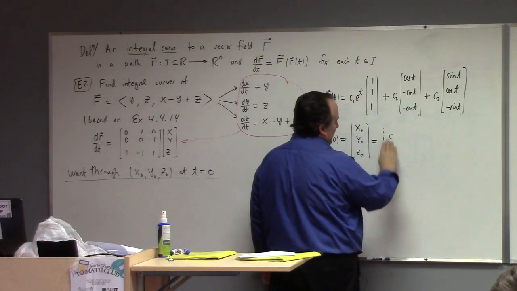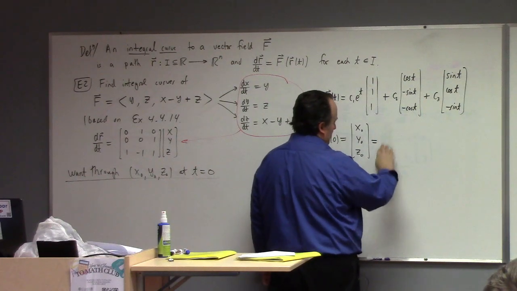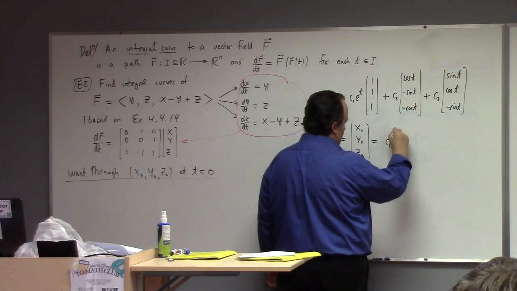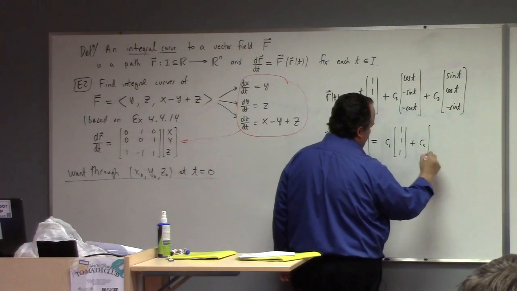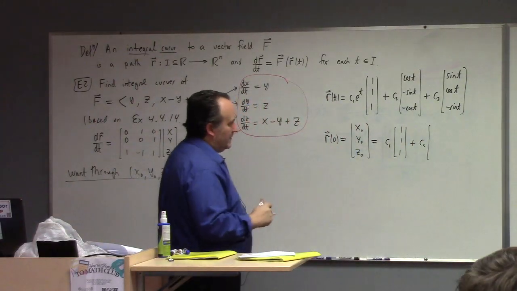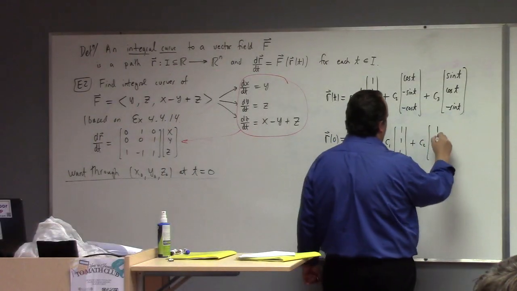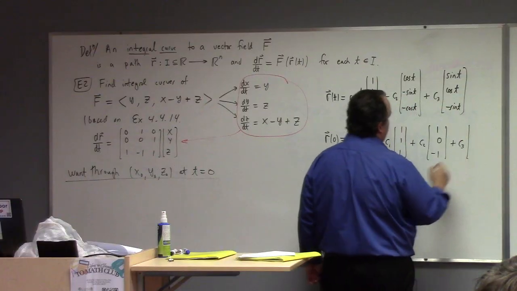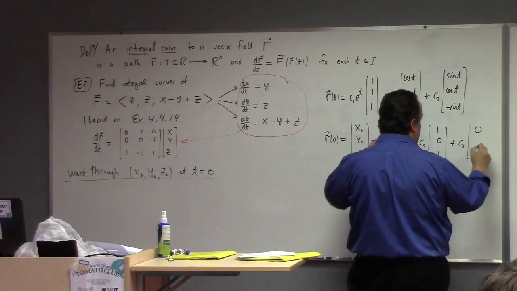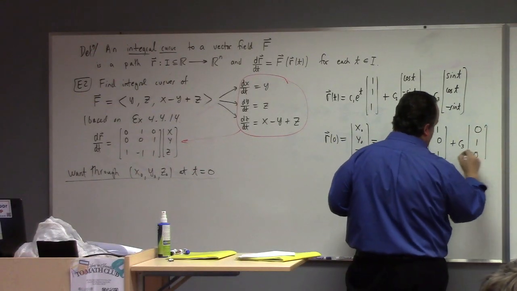I'll keep the C1 out front. This is C1 times (1, 1, 1) plus C2 times (1, 0, minus 1) plus C3 times (0, 1, 0).